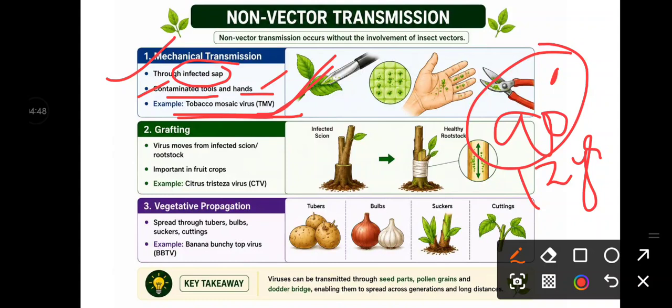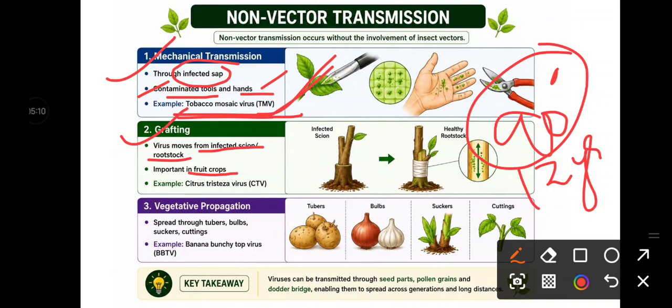Next major mode is grafting. The virus moves from an infected scion or rootstock to another healthier one. This is generally for fruit crops, obviously, because grafting is mostly practiced in perennial fruit crops.